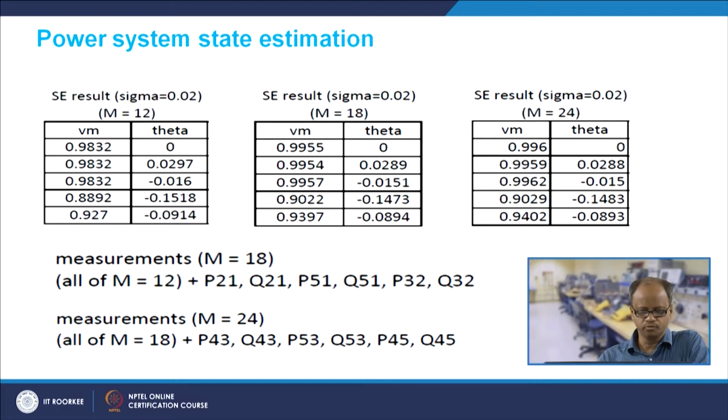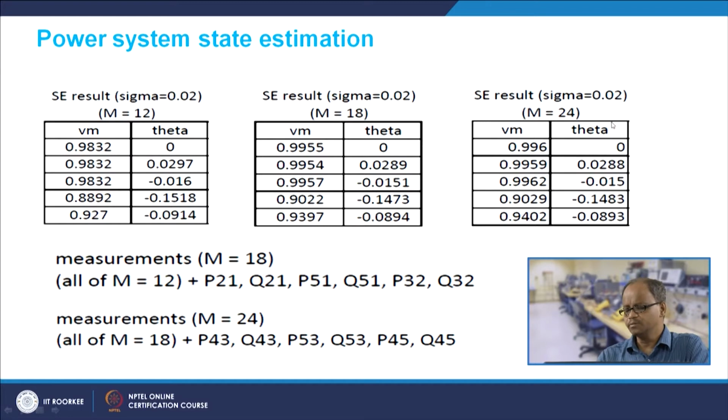So when you take 18 measurements, these are nothing but the 12 measurements mentioned earlier plus these 6 measurements. Here, for the sake of simplicity, we have only taken P and Q flow measurements over all the lines.